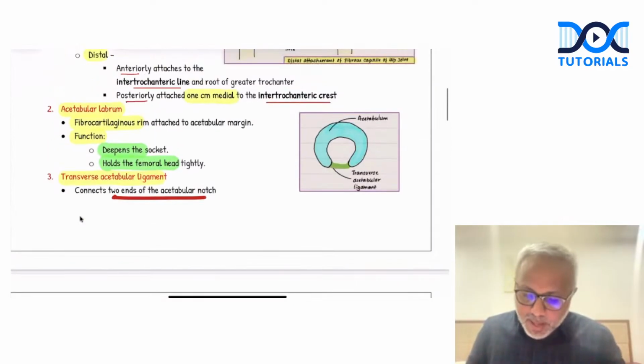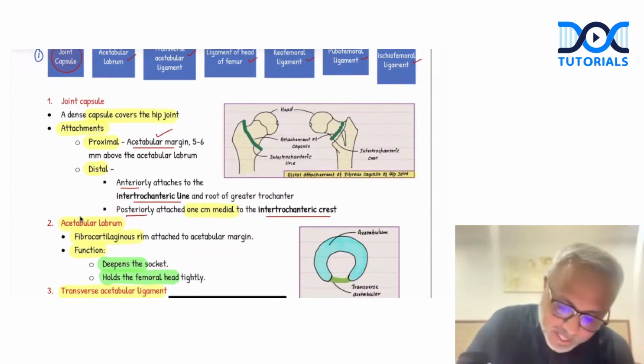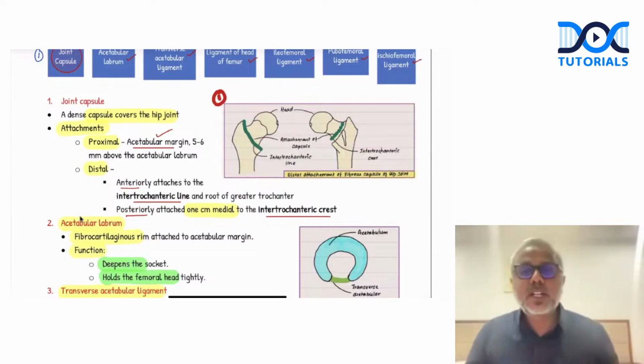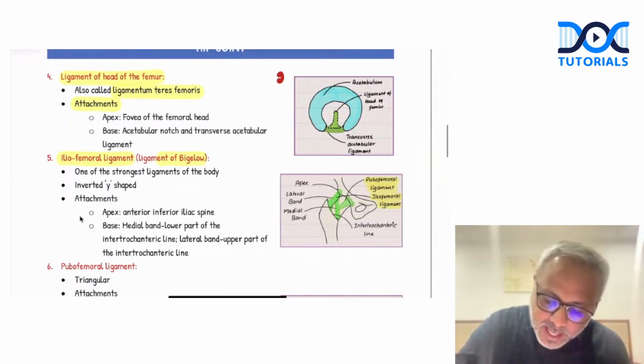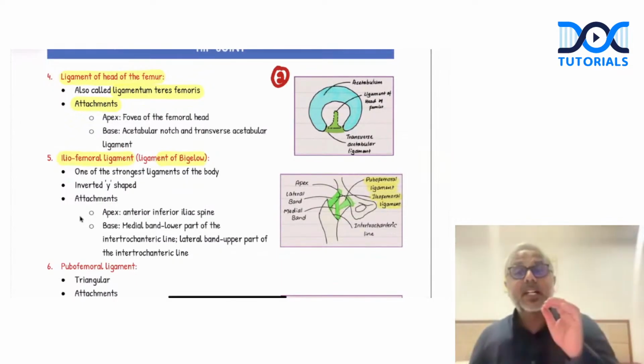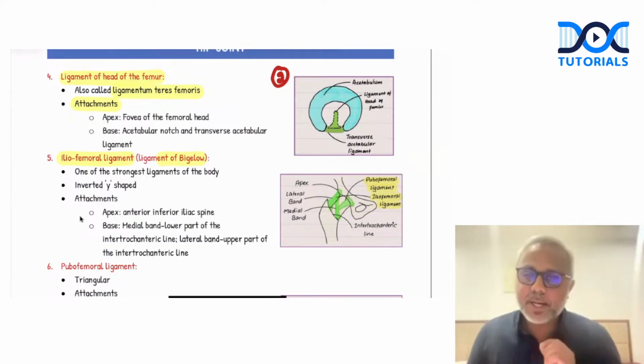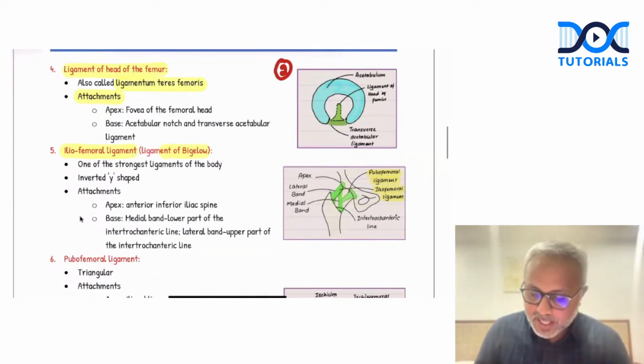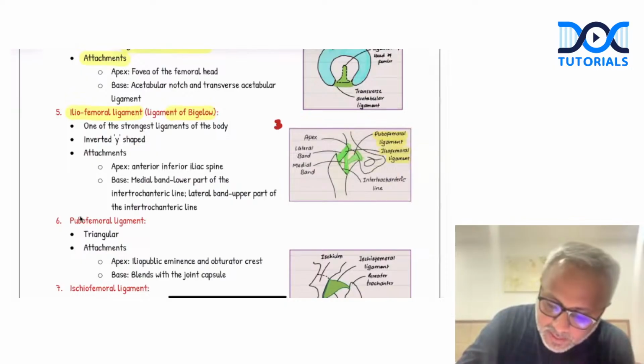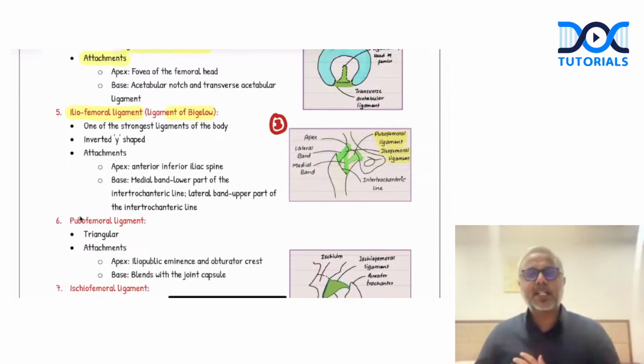So, we'll just mark what are the diagrams that we expect. The diagram for joint capsule, then this diagram for the transverse acetabular ligament as well as the ligament of head of the femur.